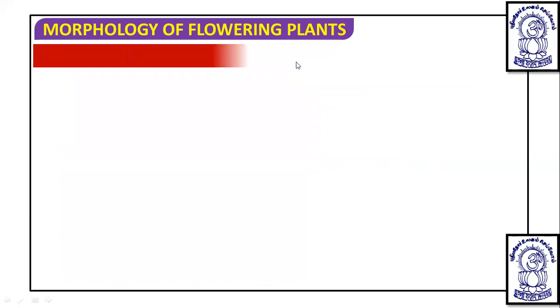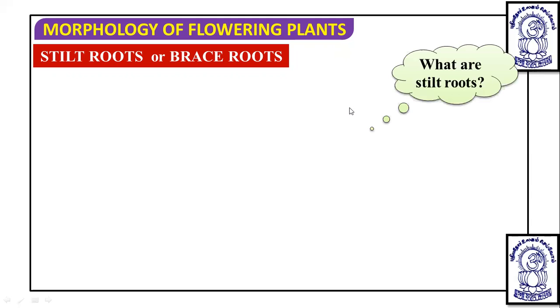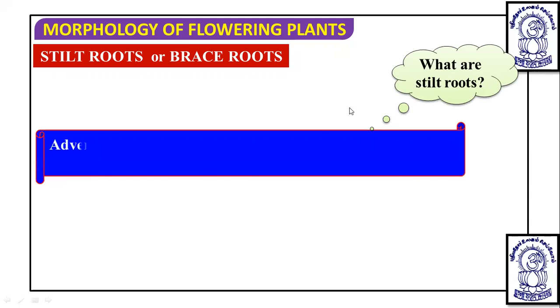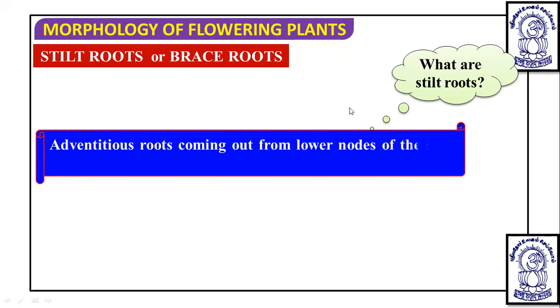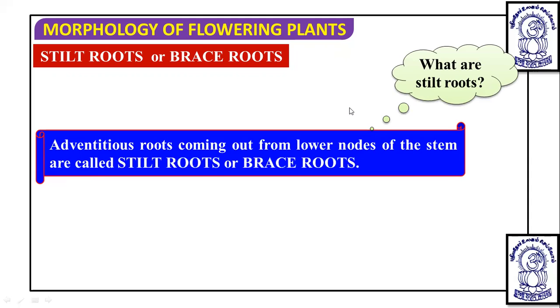Next, we are going to talk about another type of root which helps in mechanical support, and that is stilt root or brace root. What are they? These are also adventitious root modifications, but these adventitious roots come out from the lower nodes of the stem.